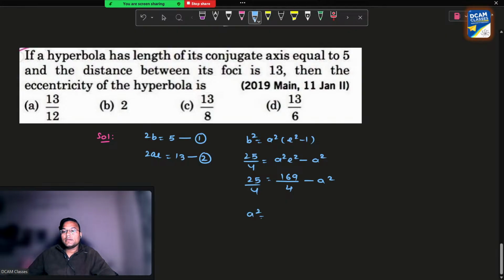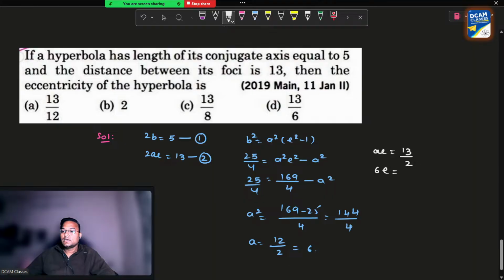A square will be equal to 169 by 4 minus 25 by 4, 144 by 4. That is, a is equal to 12 by 2, 6. A is 6. Ae is 13 by 2. E is equal to 13 by 12.